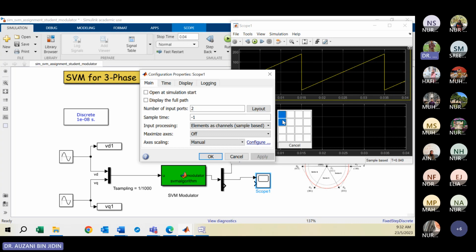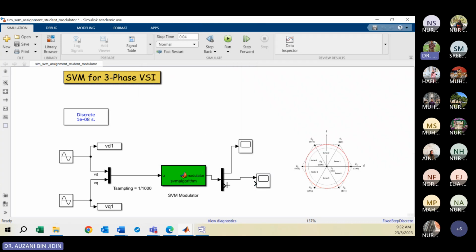Layout, you drag sini. For 2 row of the ni lah. Okay, then here, you connect to the second input of the scope. Right. Okay, then you need to run the simulation.